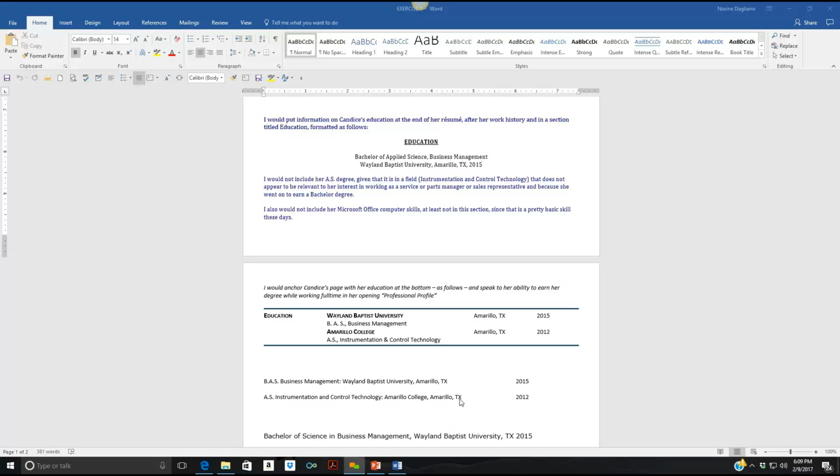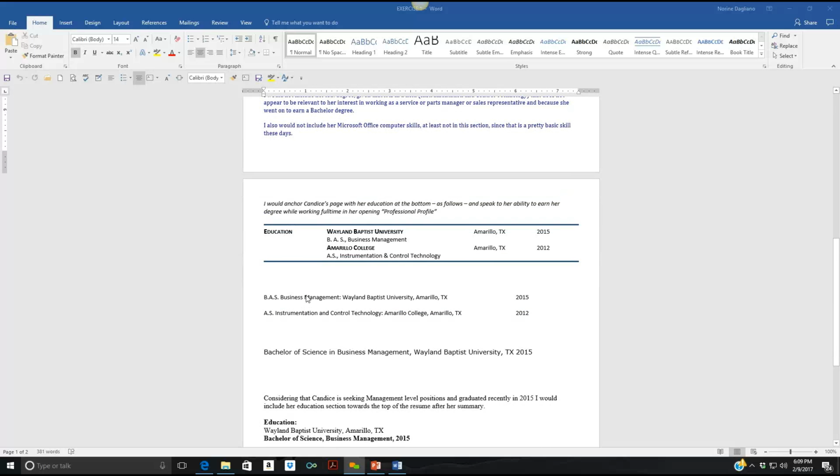It's one of those things that may distinguish her from other candidates. But then moving the rest of the education information to a standalone section at the end of the resume. So nice strategy with that writer to combine the two.